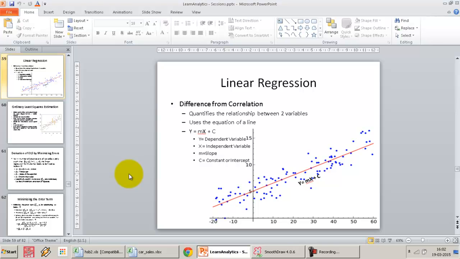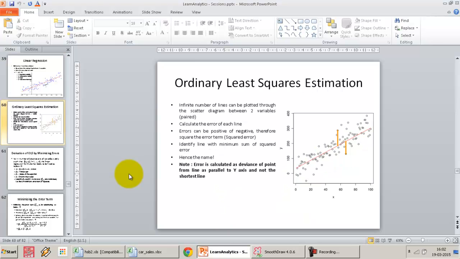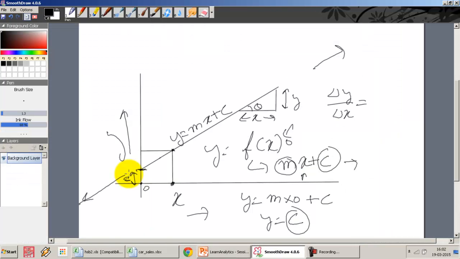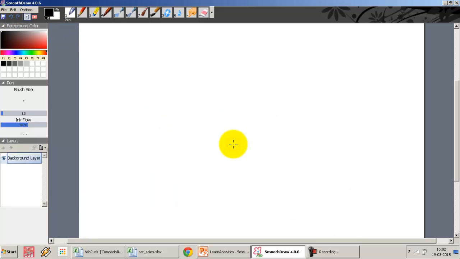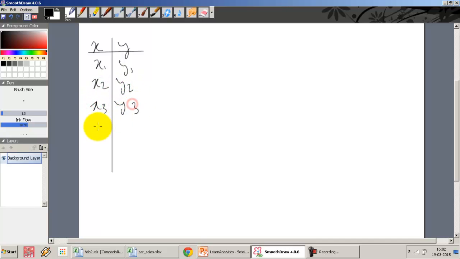So how does this work with regression? The way regression works is, let's say I have two variables x and y. So I'm going to create a new clean sheet over here. Assuming that we have two variables again, x and y, I have x variable over here, I have y variable over here, and I have observations x1, y1, x2, y2, x3, y3, all the way till xn and yn.